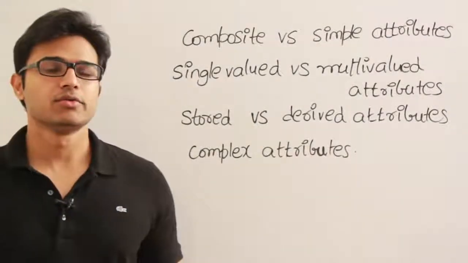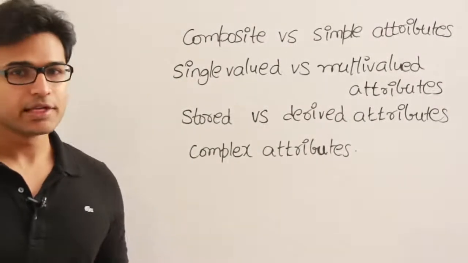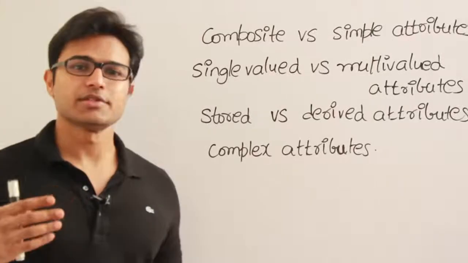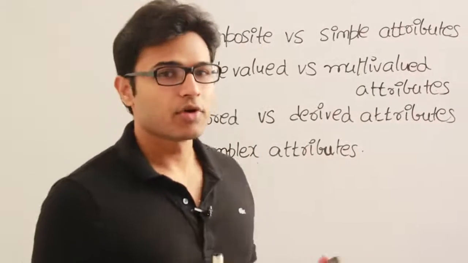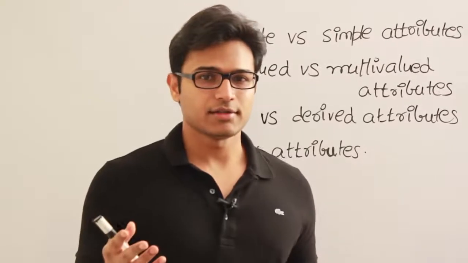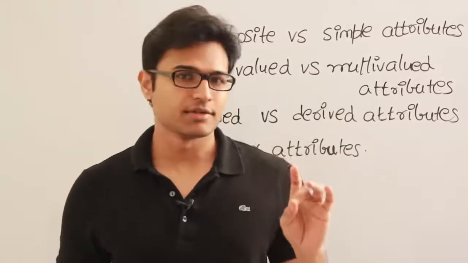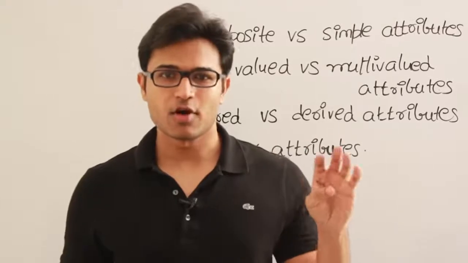So attributes are used to describe either entities or relationships even better, which means they'll give you more description about what we are representing, right? For example, the more attributes we have, the better information we could get. Let us say a person: name is an attribute, age, maybe address, phone number, all these are attributes.